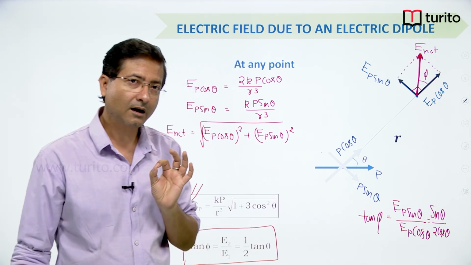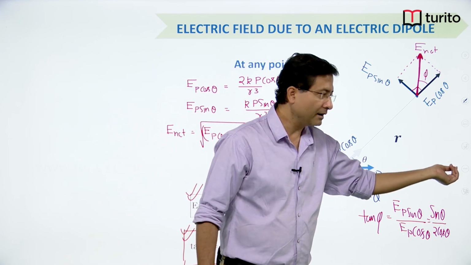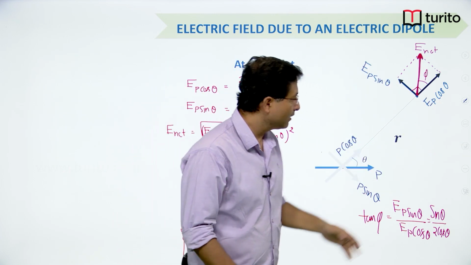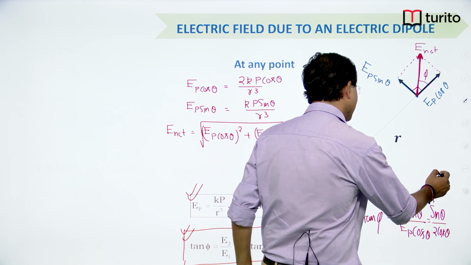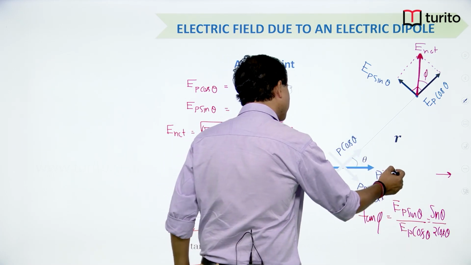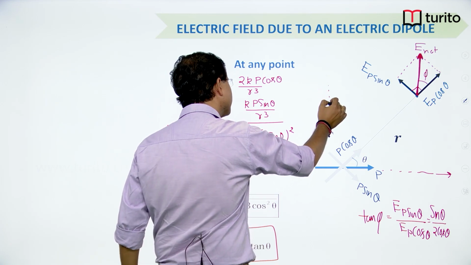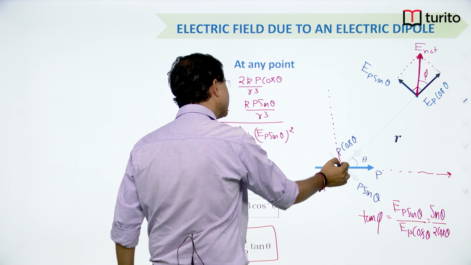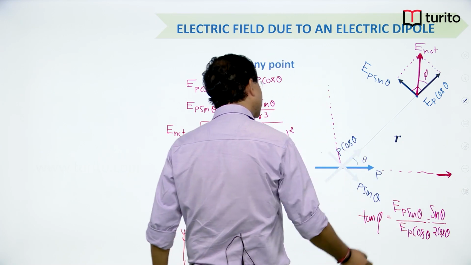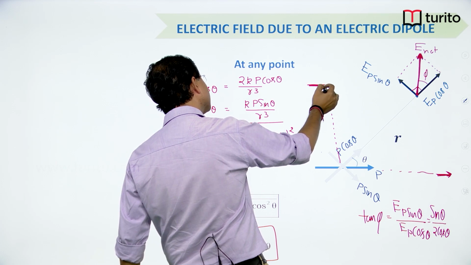Maintaining distance r, if you go from this point which is on the axis to the bisector, you can see for this point the field was in this direction, right. And when you reach the bisector, maintaining the same distance, you got the field in this direction, right. This is the direction of field, and as we go here, the field will be in this direction.